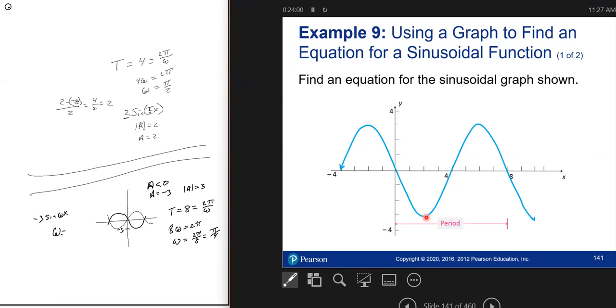So omega is pi over 4, and that's what we multiply the x by. So the equation is y equals -3 sine of pi over 4 x.